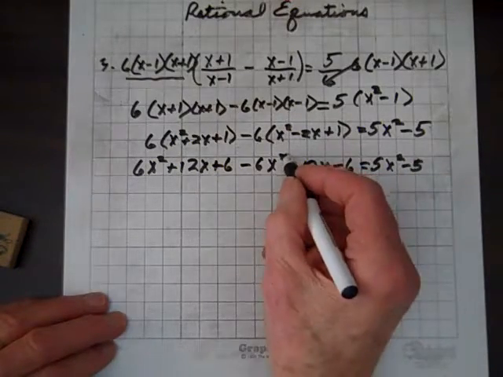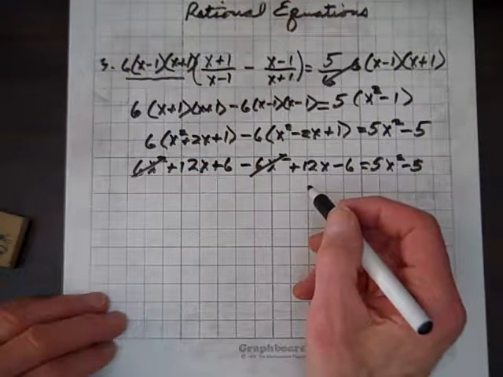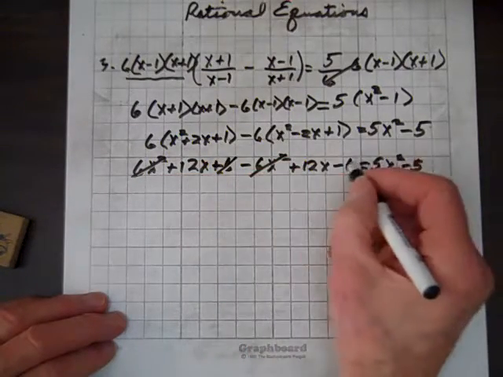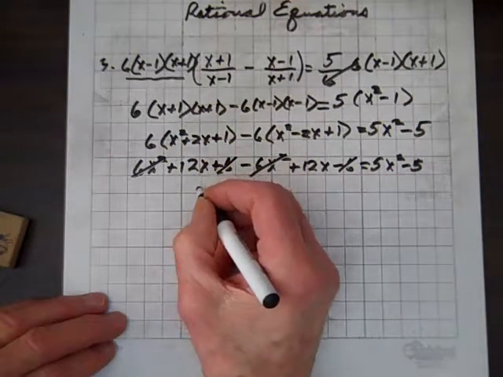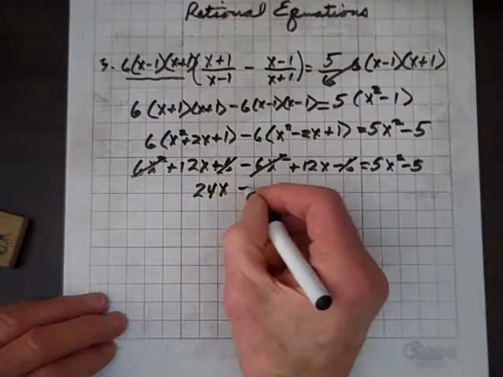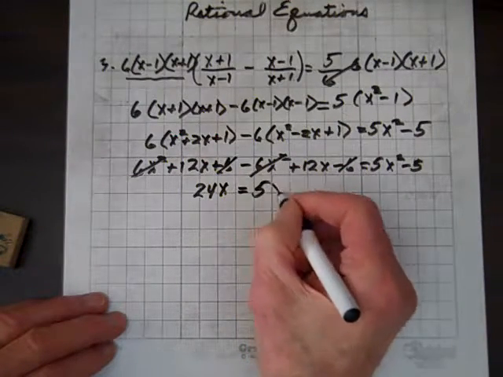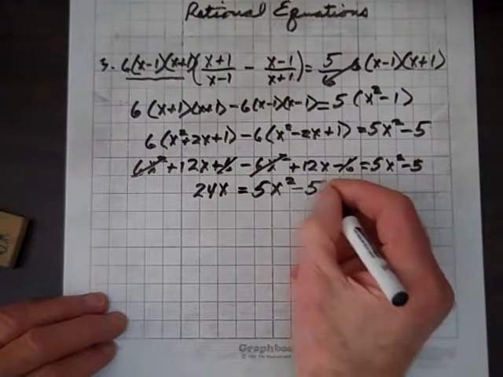Now look at this. These 6x squareds add out. They have opposite signs, and so do the 6's. And so we're left with 12x and 12x, which is 24x. And that equals 5x squared minus 5.